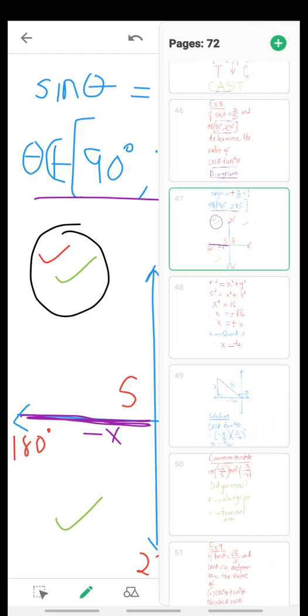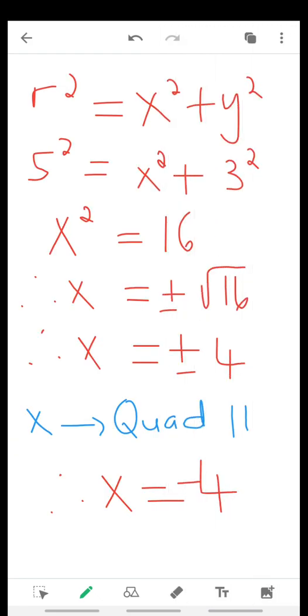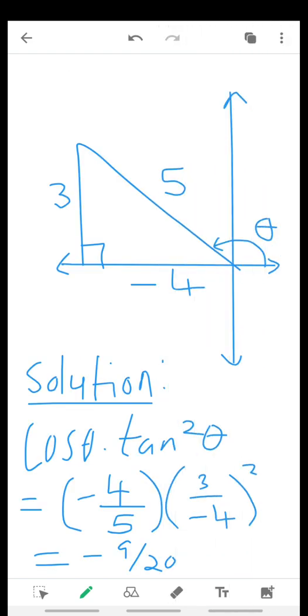Okay, so as I'm finding my r using theorem of Pythagoras, my x is equals to plus or minus 4, but I know that I'm in the second quadrant, therefore my x is only -4. Okay, then I drew my sketch using bow tie. You remember bow tie? We said your bow tie will help you to draw your triangle.